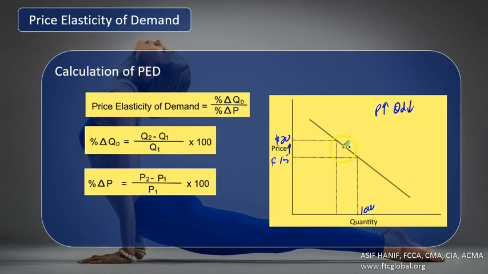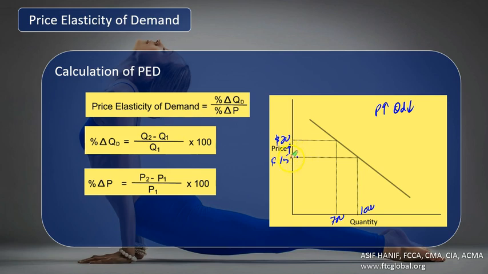If you remember, sliding up and down the same curve, extension and contraction in demand. So the demand will contract to maybe, let's say, 700 units. Now if we calculate the percentage changes in quantity demanded and percentage change in price and plug in these numbers, you will get the price elasticity of demand.